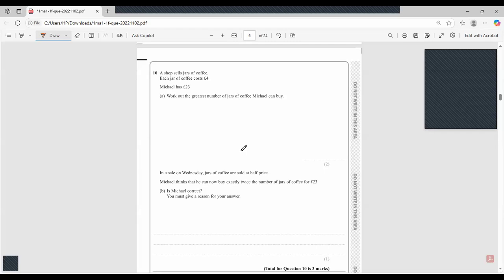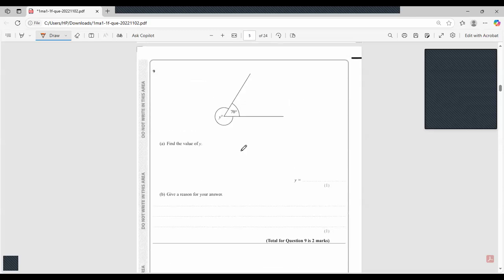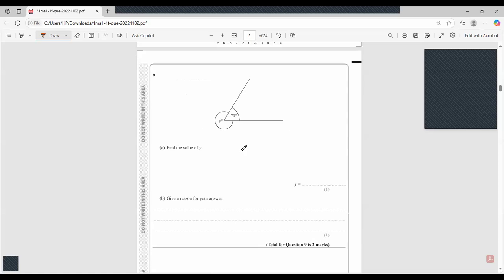So 5 is the highest number of jars of coffee that Michael can buy. So yes, you're right. Okay. So it's a division operation. Okay, so can we move on? Yes. Okay. How about this one? Yes, yes. Okay. What's the mathematical reason for you to solve this guy? Angles around the center.